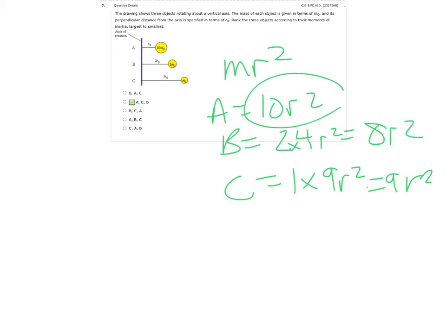So you can see 10 was the biggest, then 9, then 8: A, C, B. Most of you got that. I had a few people mess up the math. I had a few people get the right answer and still rank them wrong.